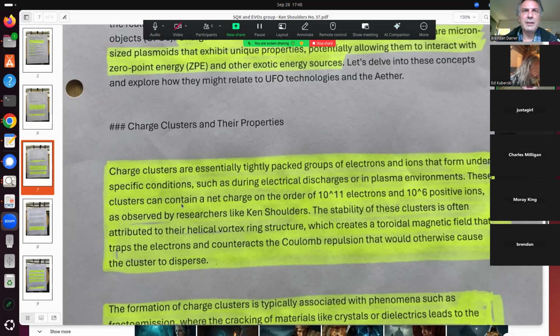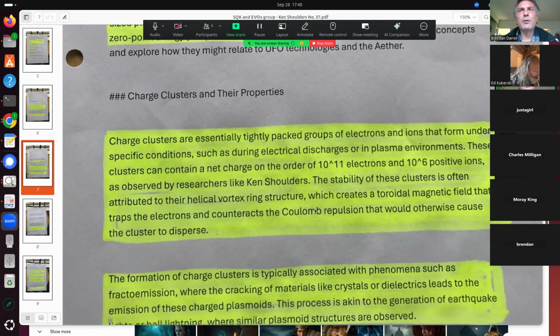These clusters can contain a net charge on the order of 10^11 electrons and 10^6 positive ions, as observed by researchers like Ken Shoulders. The stability of these clusters is often attributed to their helix vortex ring structure, which creates a toroidal magnetic field that traps the electrons and counteracts the Coulomb repulsion that would otherwise cause the cluster to disperse.